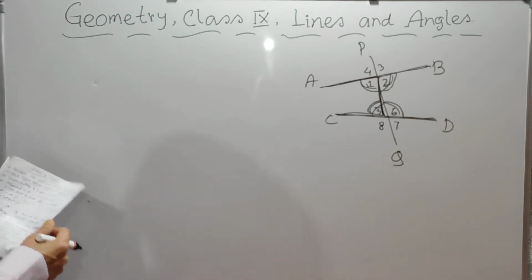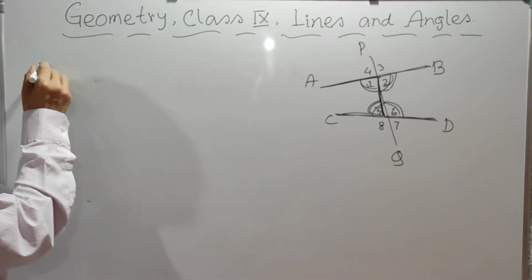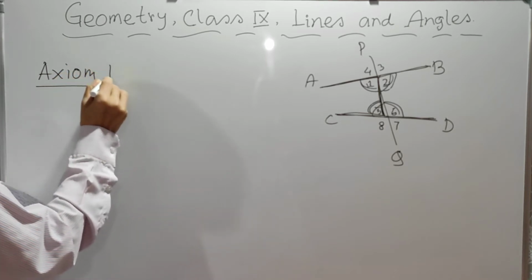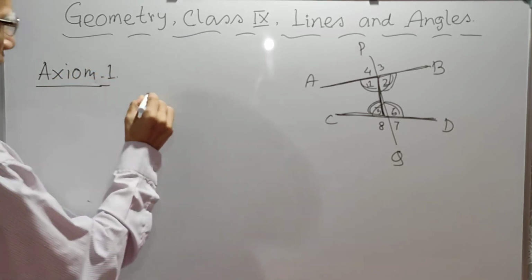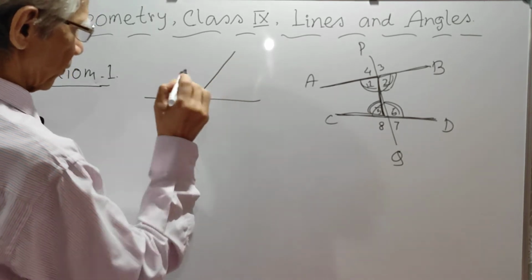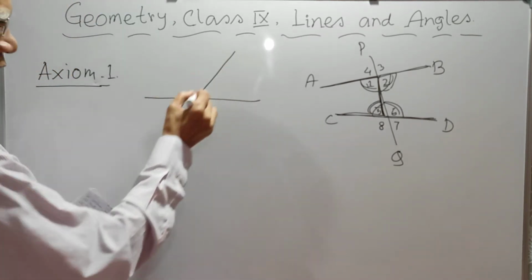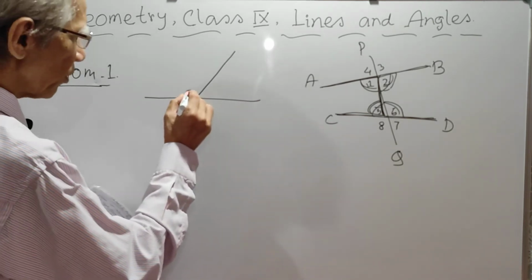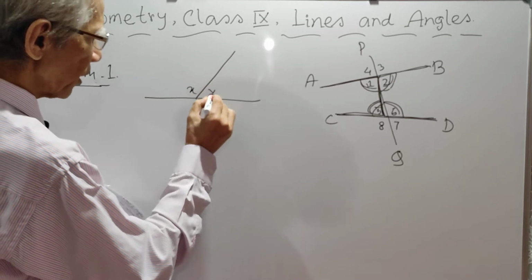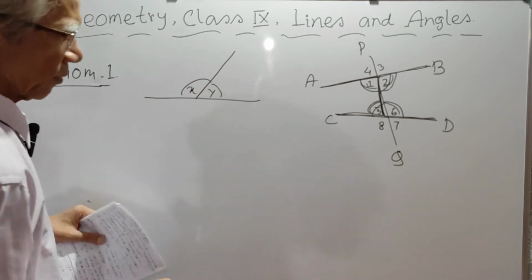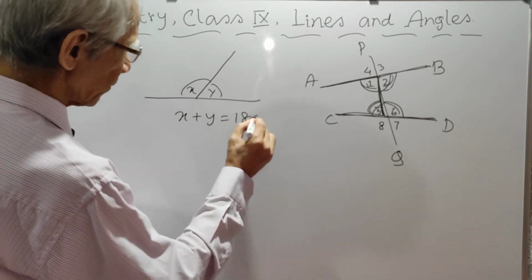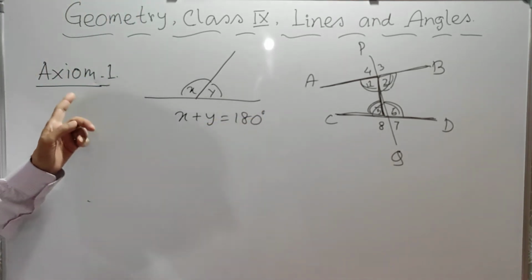All right. Now axiom 1 is this one. The first axiom is this. When a straight line stands on another, then the sum of the two adjacent angles is 180 degrees. So angle x plus angle y is equal to 180 degrees. So that is axiom 1.